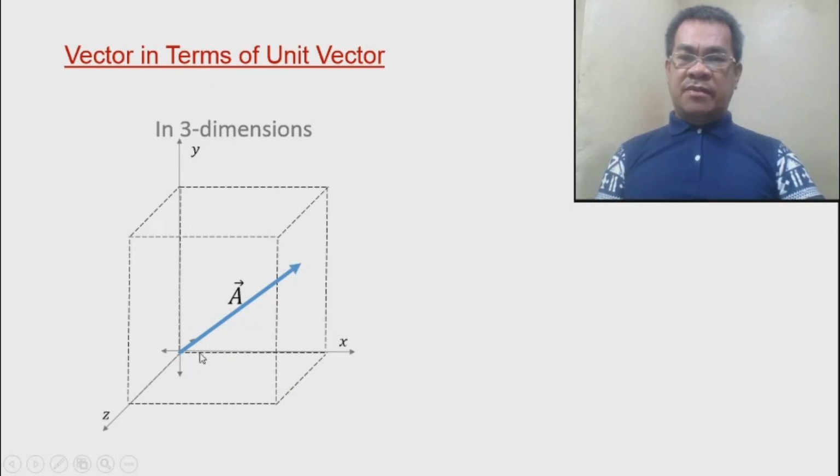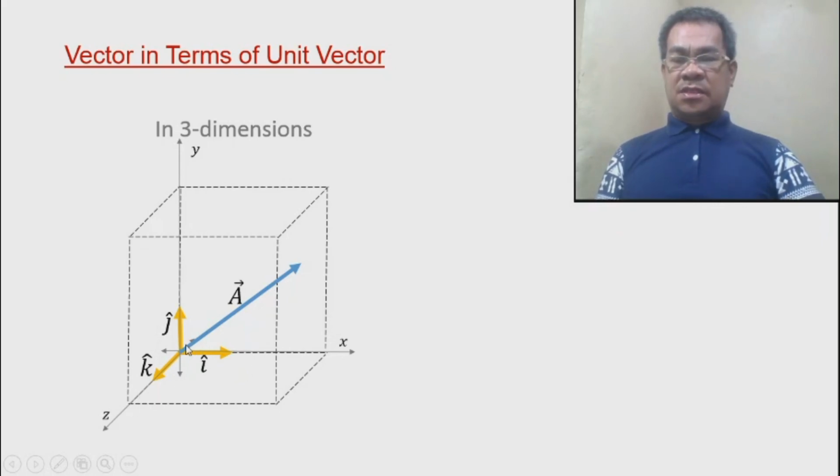Now in terms of unit vectors, we understood in our previous video that the unit vector assigned to the x-axis is i hat, the unit vector assigned to the y-axis is j hat, and the unit vector assigned to the z-axis is k hat. So we have i hat, j hat, and k hat.